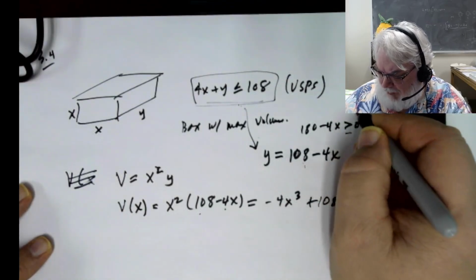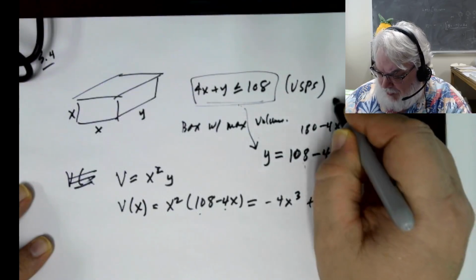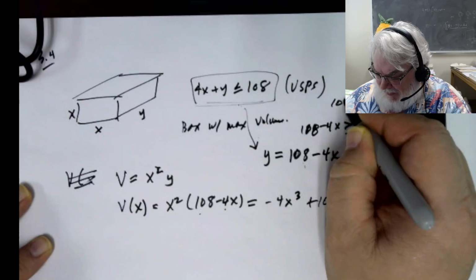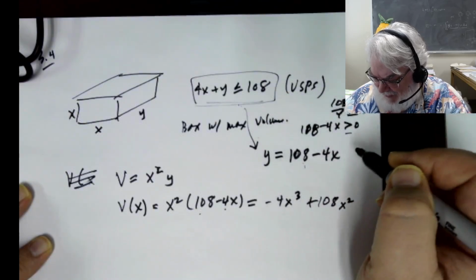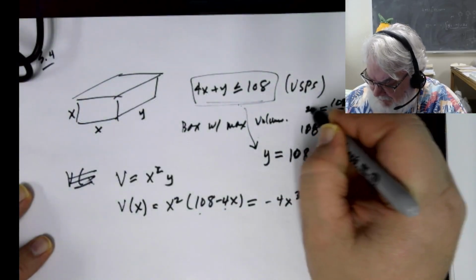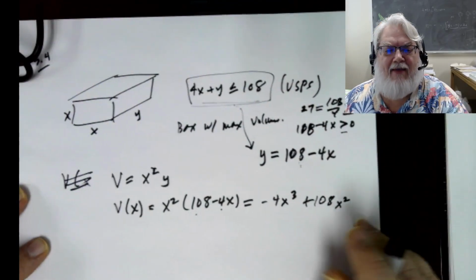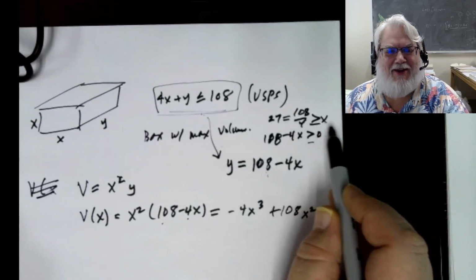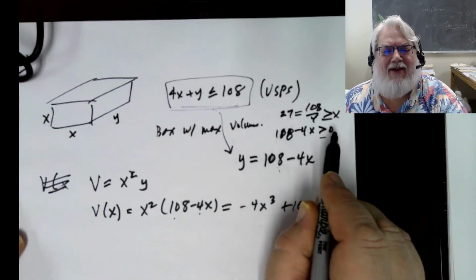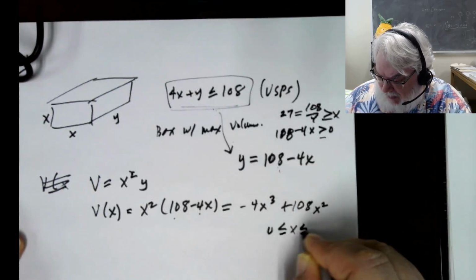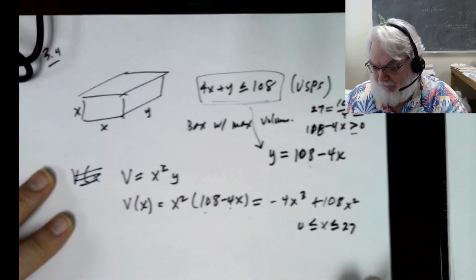And so x is going to need to be less than or equal to 108 divided by 4, which is 27. Sorry about that, I keep running into my picture. We have a natural restriction then that x needs to be between 0 and 27.